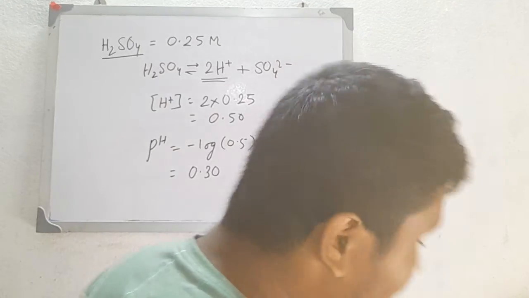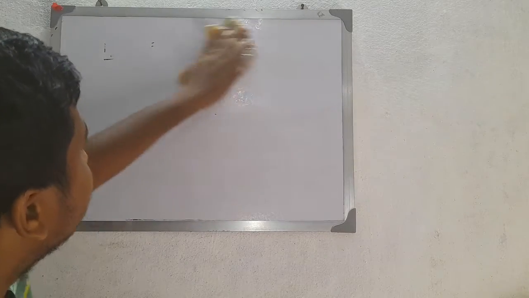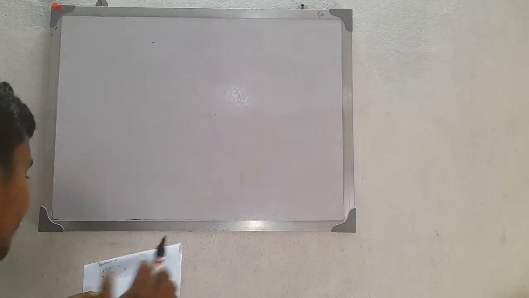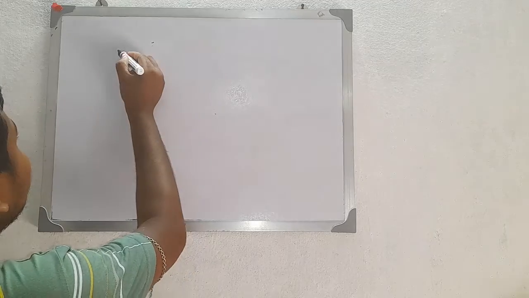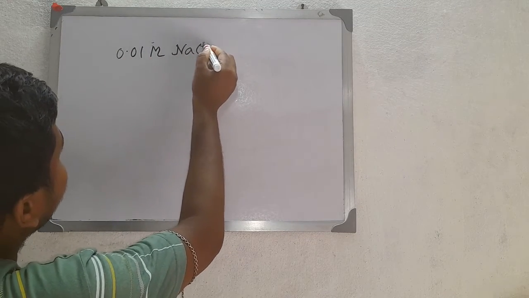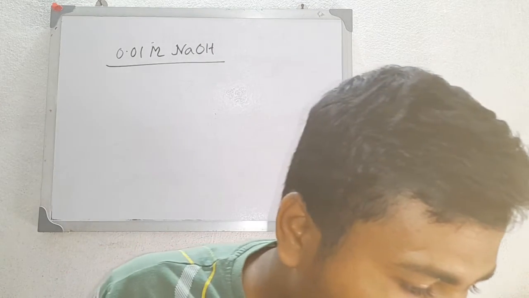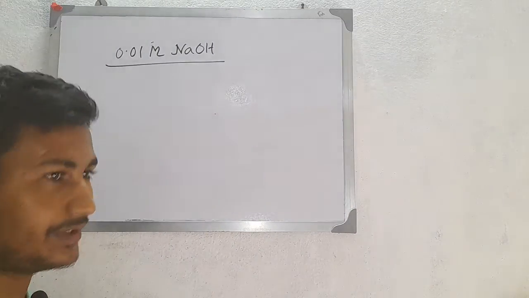Now, if we take 0.01 M NaOH, what is the concentration of H plus, OH minus and the pH and pOH?